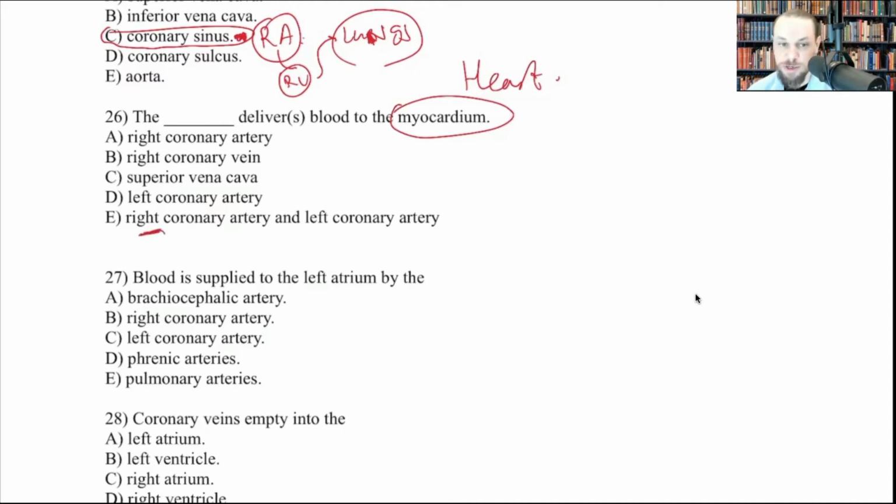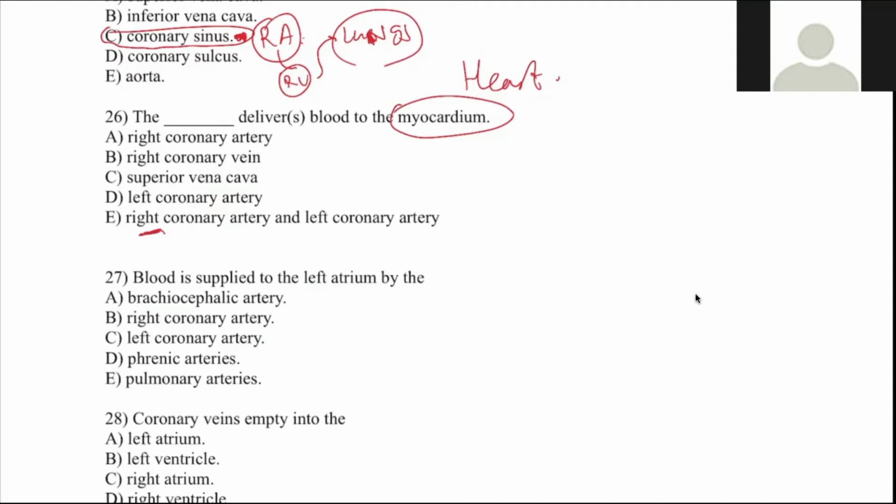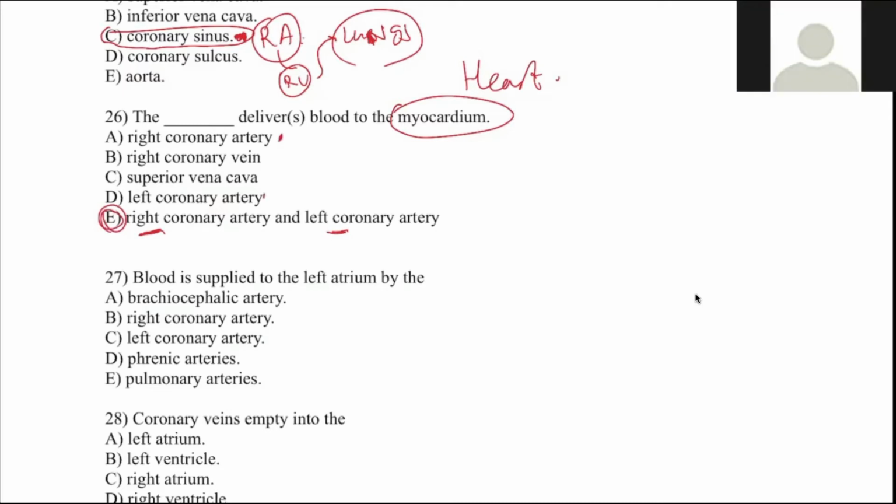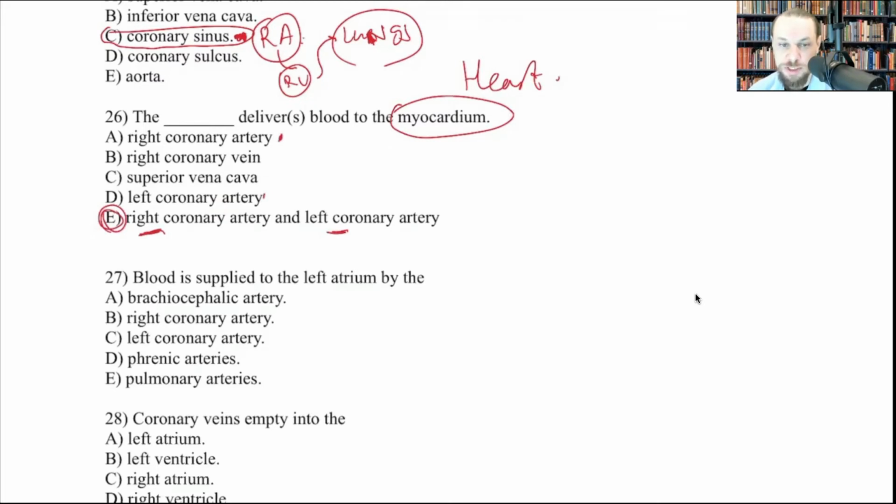Does it feed the myocardium too? Yeah. So the left and right coronaries both feed the heart. For completeness, E would be the best choice here, because the other ones we could say right feeds it, left feeds it, but choice E includes both. If the question said which of these deliver blood to, let's say, the right ventricle, or the septal wall, then your choices might differ. But the moment they say myocardium, they basically mean the entire heart.